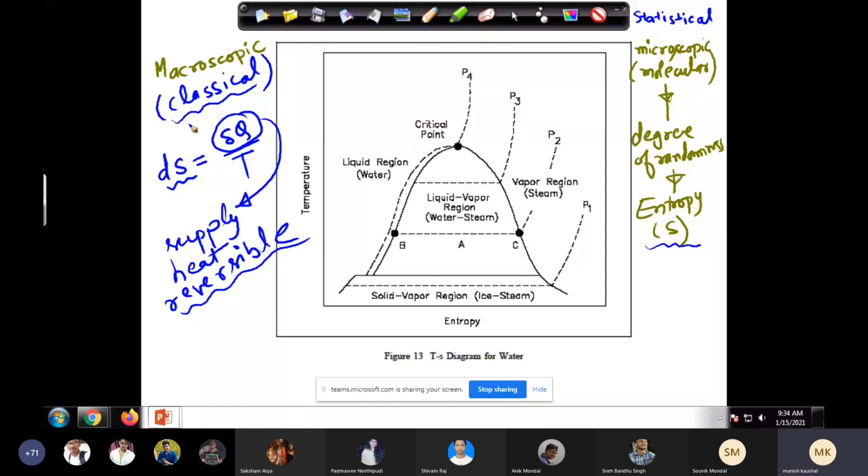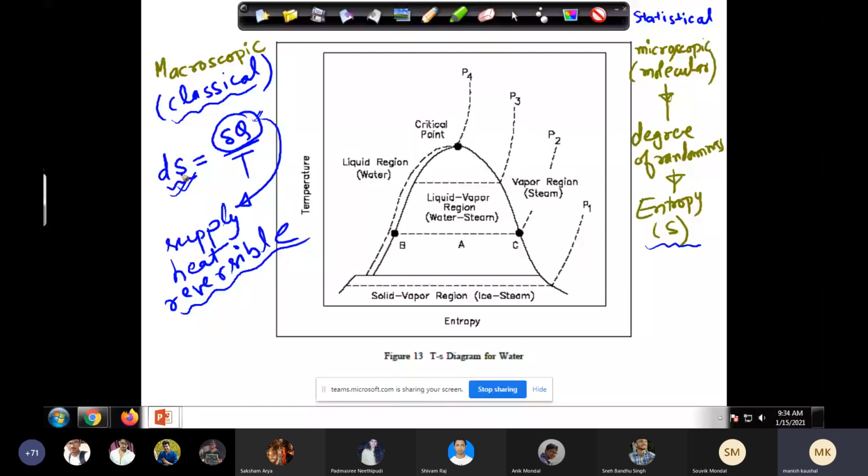Okay, as you can see, in this diagram we have isobars. These are constant pressure lines. If you are adding heat to the system, of course its temperature will increase, because some part of the heat contributes to the average kinetic energy of the molecules. And since T is always positive, if you are adding heat, its entropy will also increase.